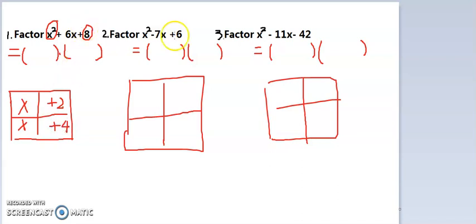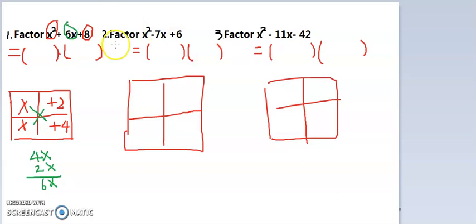In order to know whether this is the correct choice, we cross multiply. x times 4 is 4x, x times 2 is 2x. Combining them gives us a positive 6x, and that does match the one in the middle. So that tells us this is the correct answer.